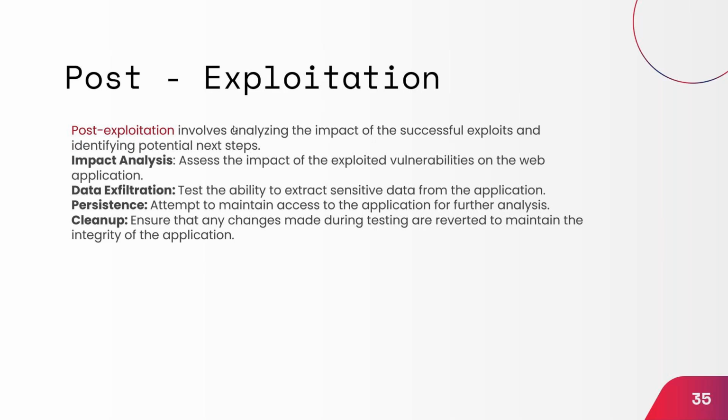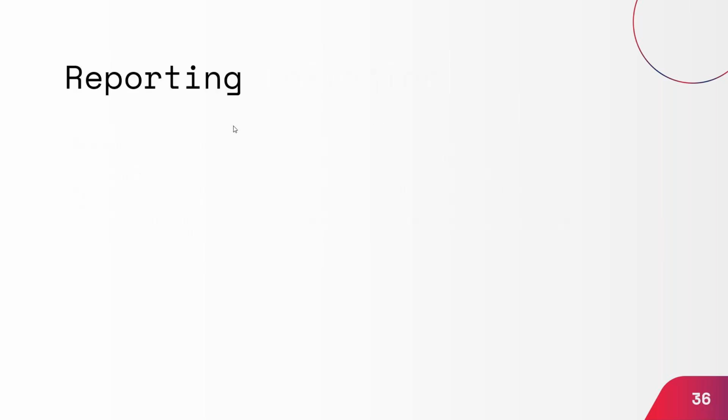Okay, whenever they want to access it, they will be able to. Maybe they want to convert your system into a bot, which they can use to perform other attacks like denial of service attacks. Yeah, of course they can use our system, right? So this is what comes under post exploitation.